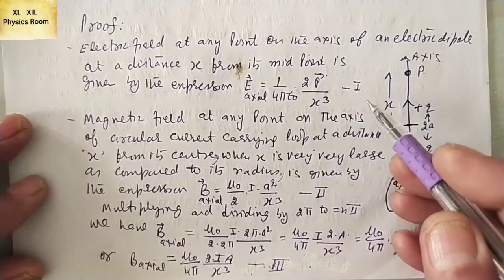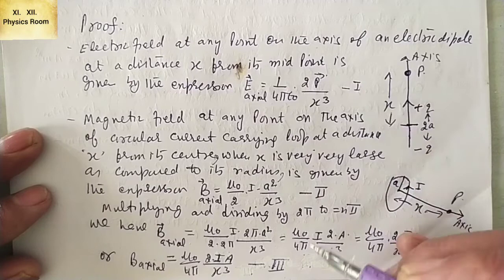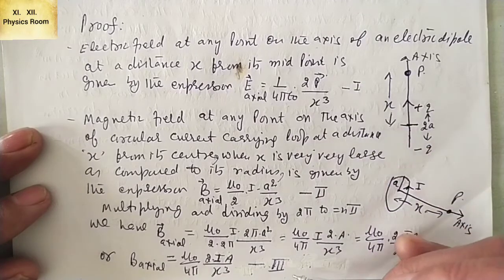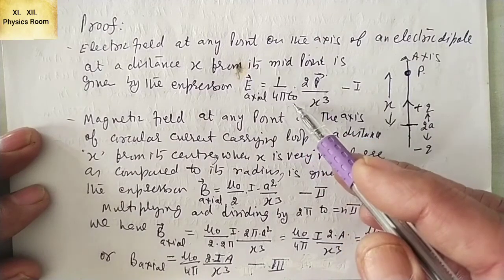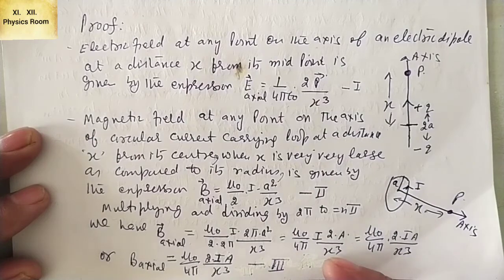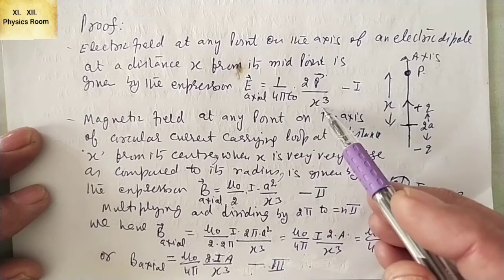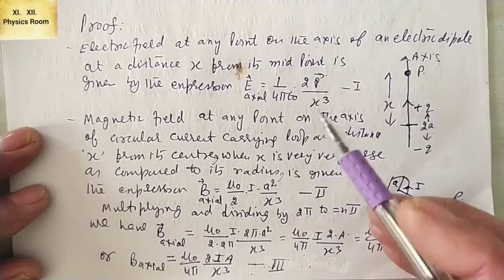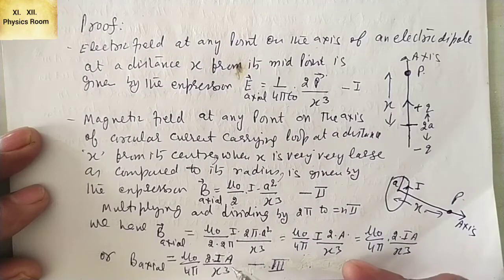Now, comparing equations 1 and 3, they are symmetrical. In place of 1 by 4 pi epsilon 0, we have mu 0 over 4 pi. In place of 2, we have 2. In place of x cube, we have x cube. In place of p, the electric dipole moment, we have I A, and it must represent the magnetic dipole moment.